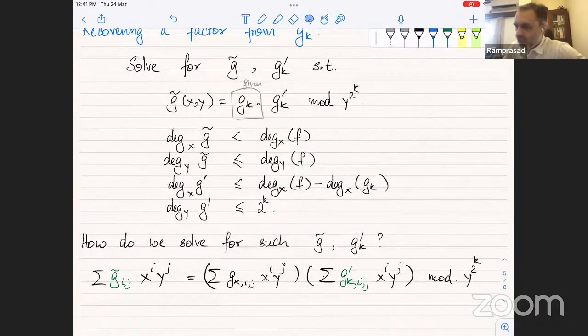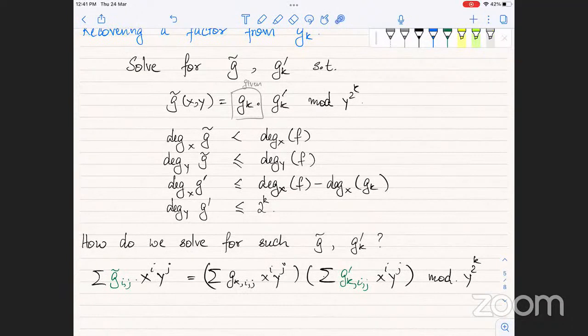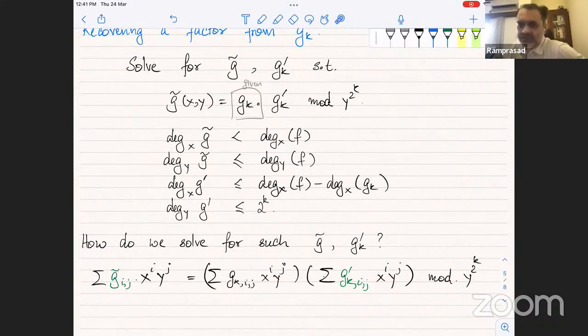Now notice, what should the constant term here be? The constant term on the left hand side must equal the constant term on the right hand side. And what is that? It's the constant term here times the constant term here. So I'll basically have g tilde 0 comma 0 equals GK 0 0 times GK prime 0 0. What's the degree 1 term going to be, or rather the coefficient of x?